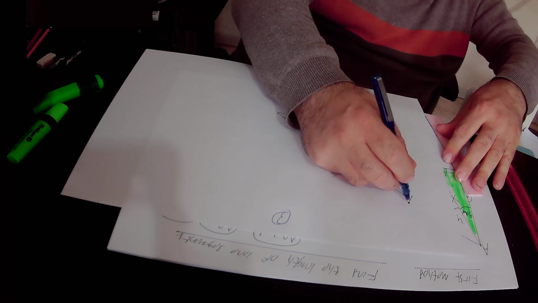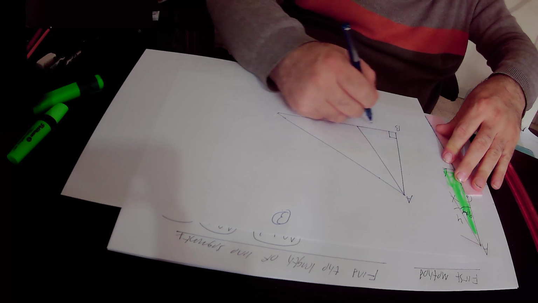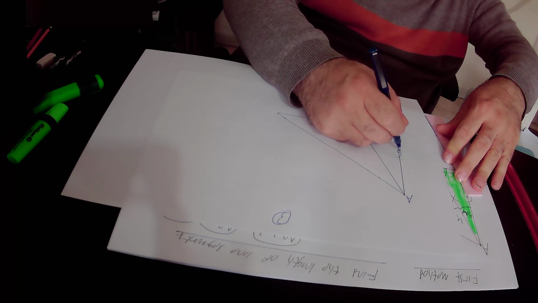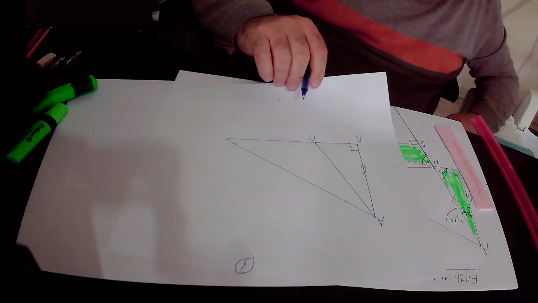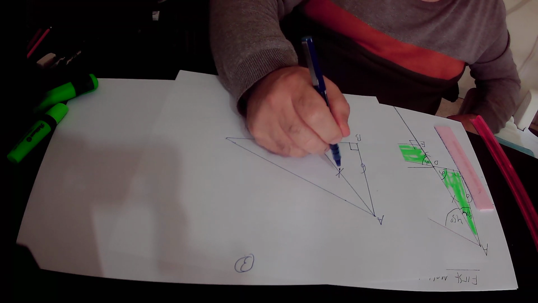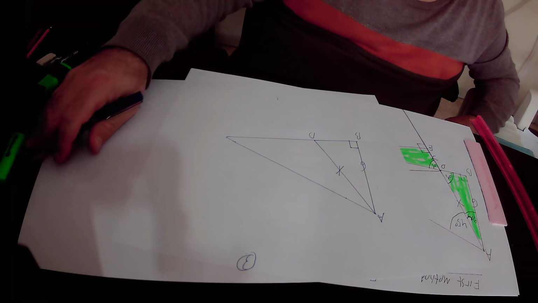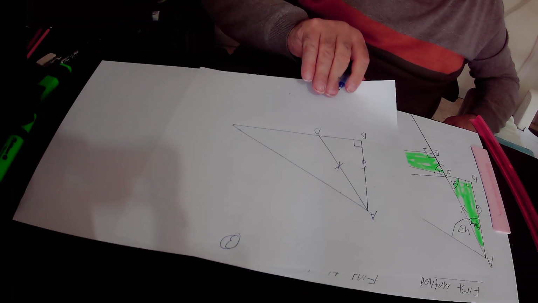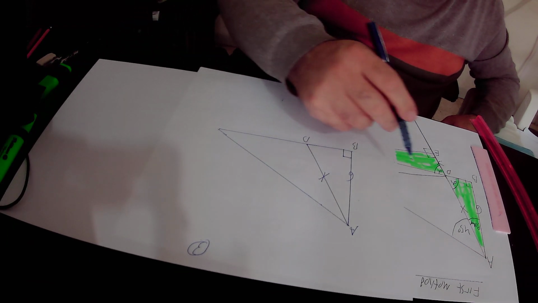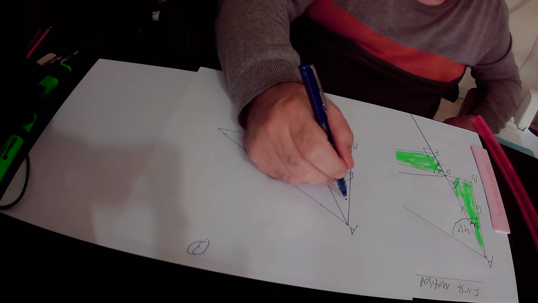This is triangle ABD, that is a right triangle. We will define angle BAD as theta.